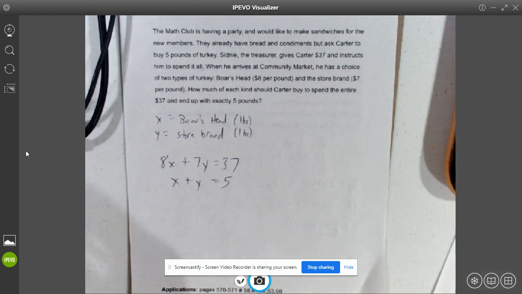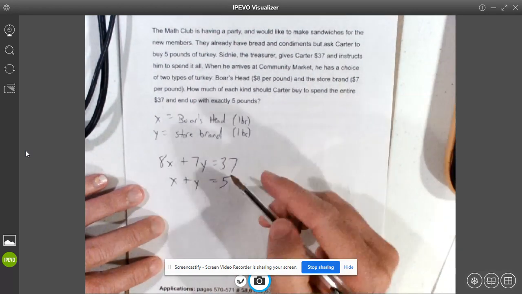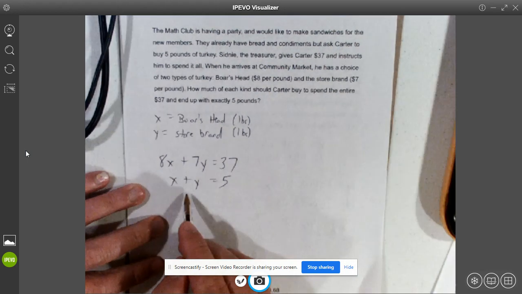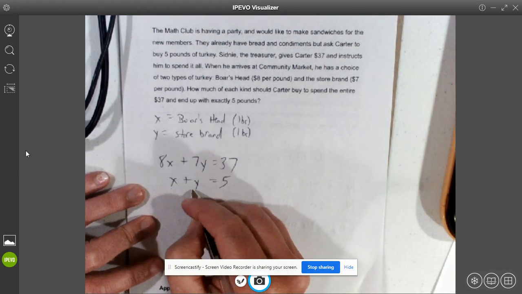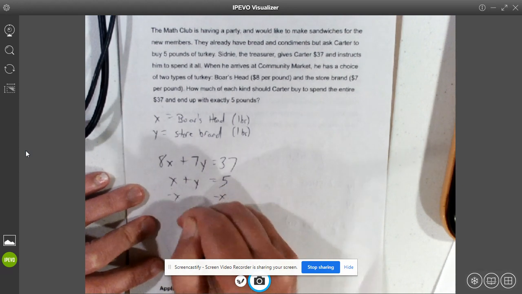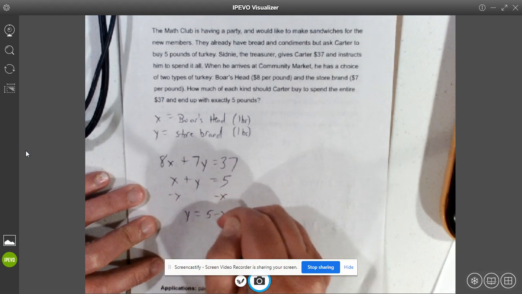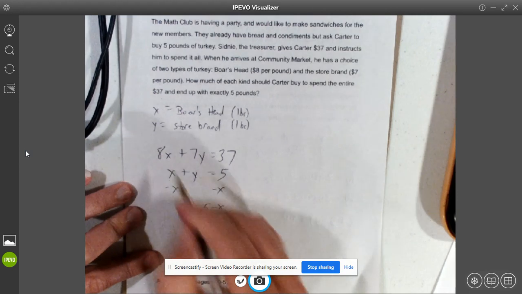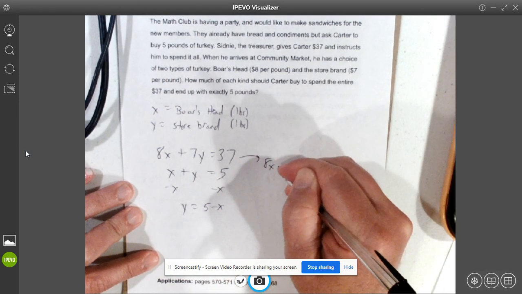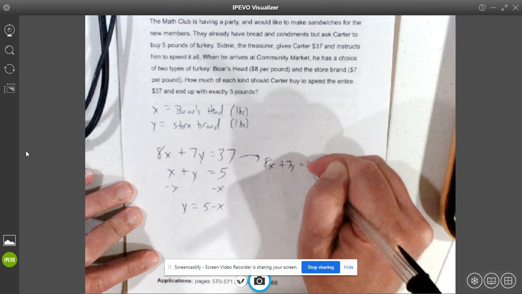Now again, I can solve this with technology. Here's the only drawback with this. To use your graphing calculator, you've got to get Y by itself. Let me do that real quick. I can do that with this one pretty quickly. I subtract X on both sides and I get Y equals 5 minus X. And up here, if I get Y by itself, I'm just going to recopy this. 8X plus 7Y equals 37.